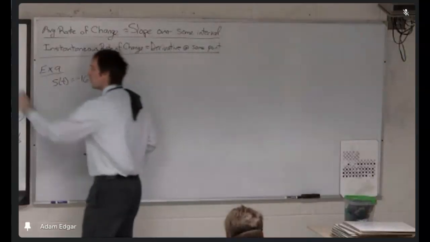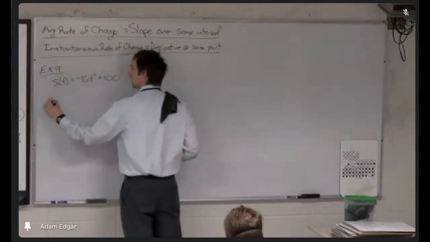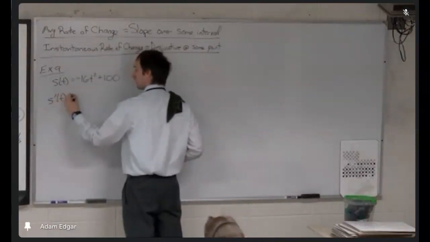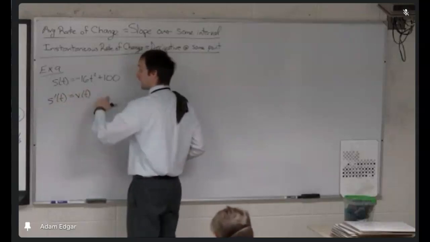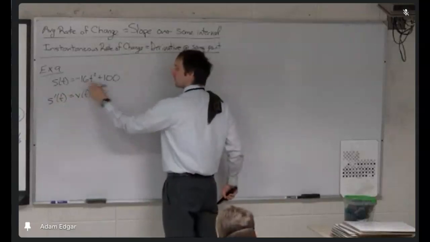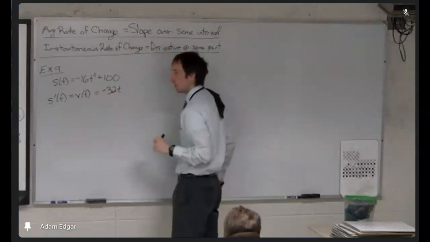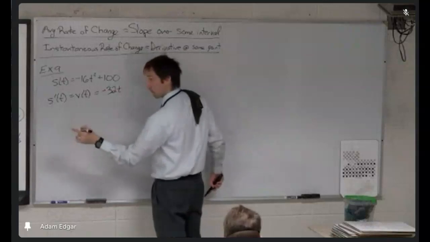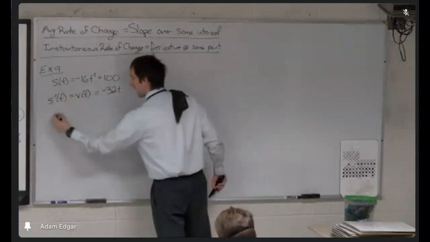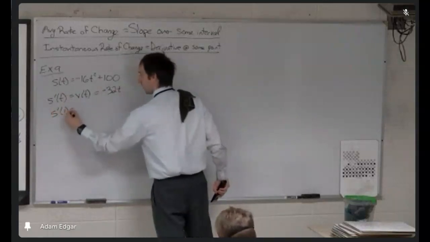So when we see instantaneous velocity, you say, I'm going to do a derivative, because that is velocity at any time. What's the derivative of this function? Negative 32t. And so we want the derivative, or the velocity, right at time equal 1. So we say s prime of 1 or v of 1.